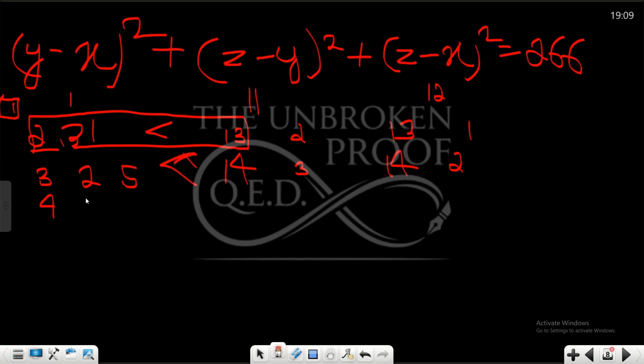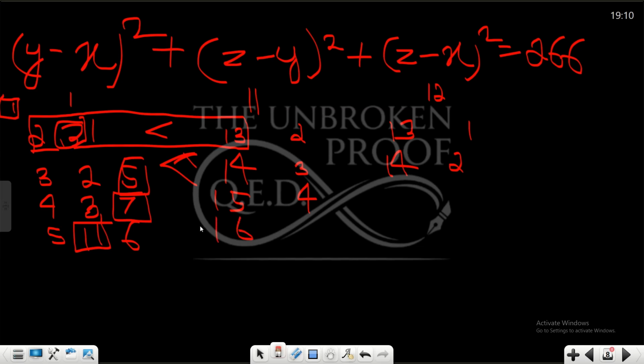If you take 4, 3, this is going to give you 7, and z should be 15. Then if you take 5, 4, this gives 9, and z is 16, still less than z.